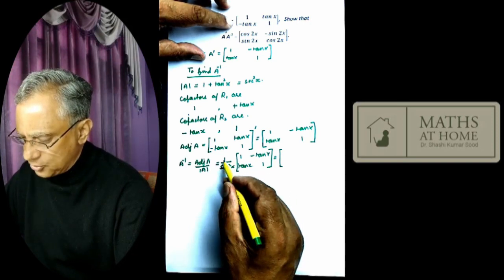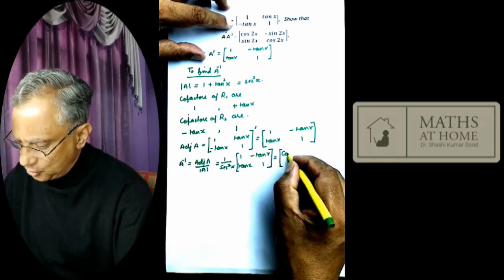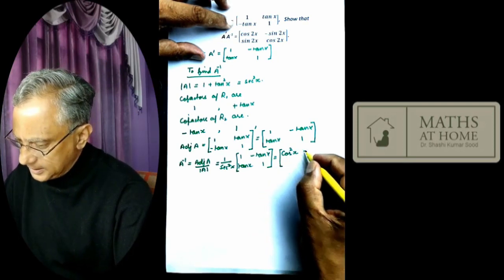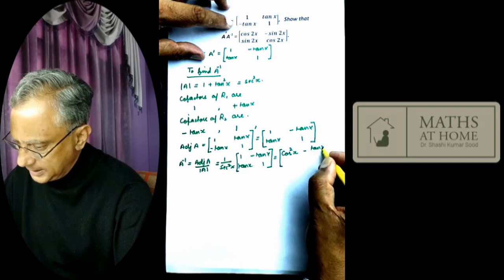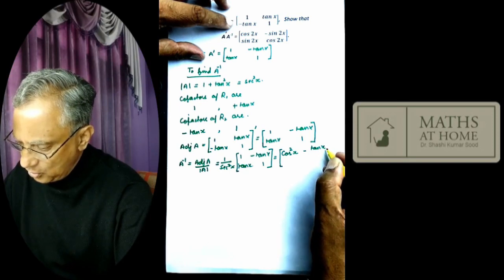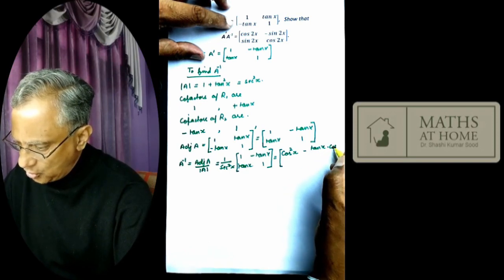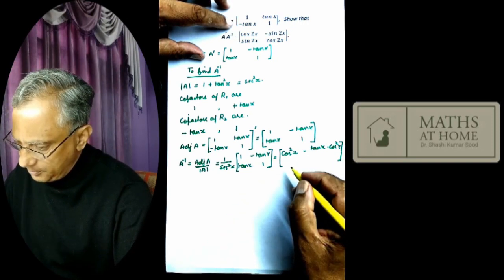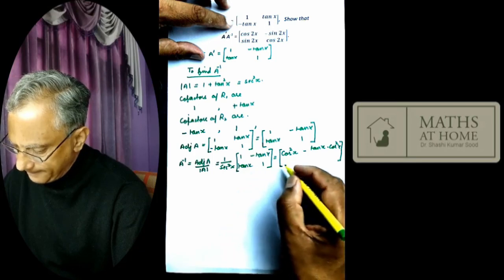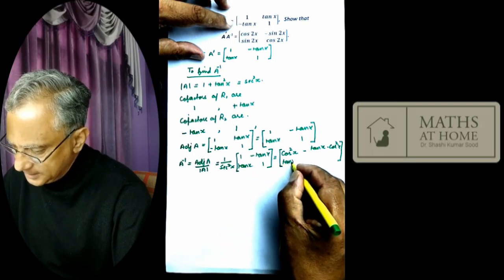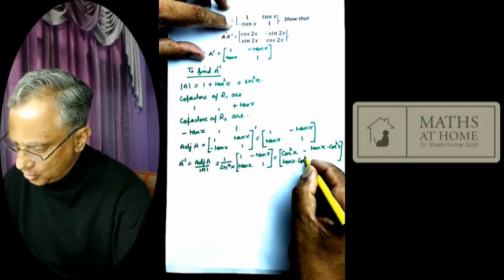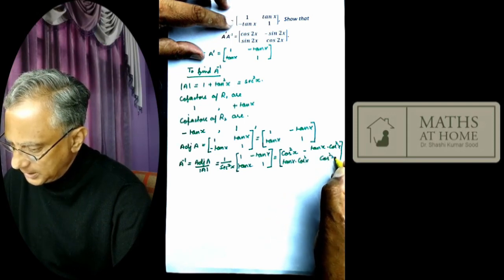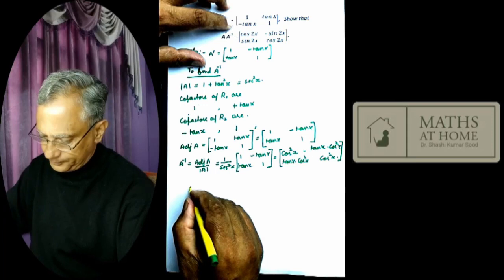So 1 by secant square is cos square x. So this will be cos square x, and this will be minus tangent x into cos square x, and this will be equal to tangent x into cos square x, and this will be cos square x.